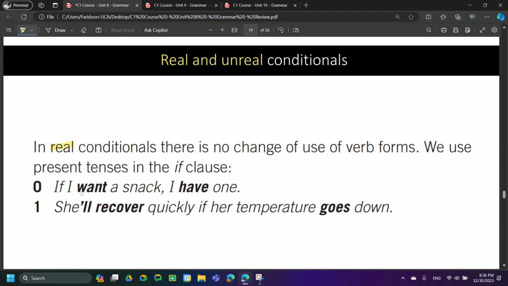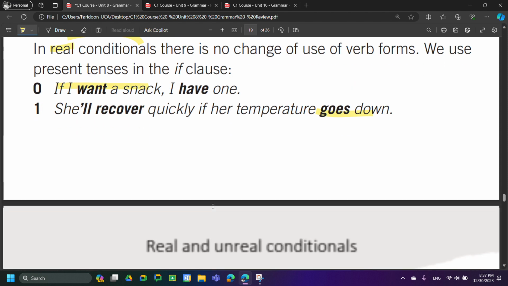For example, if you have the if clause in here, if I want a snack, so want is the present tense. And if we go in here, the if clause is again using, see, goes down, again a different verb, but it's still in the present tense. Okay, so this is because it's a real conditional.